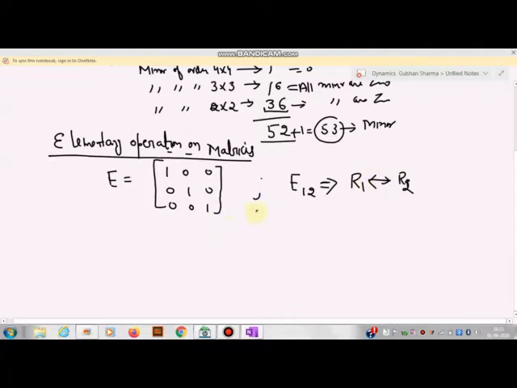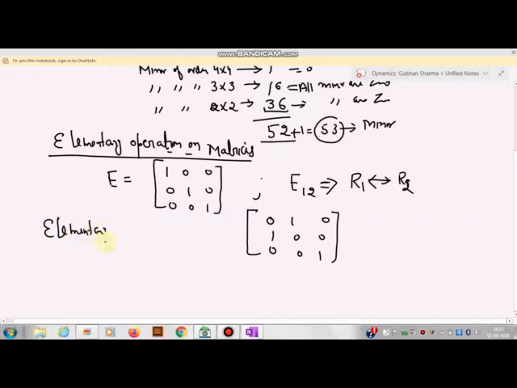I am interchanging R1 and R2. That is called an elementary operation on a unit matrix. An elementary matrix is a matrix obtained by applying a transformation upon a unit matrix. When we apply elementary operations on a unit matrix, the matrix that results is called an elementary matrix. So the elementary matrix is a very important point for us.